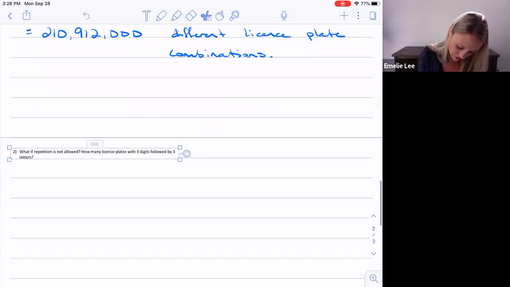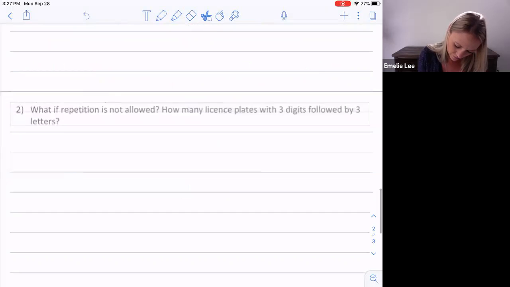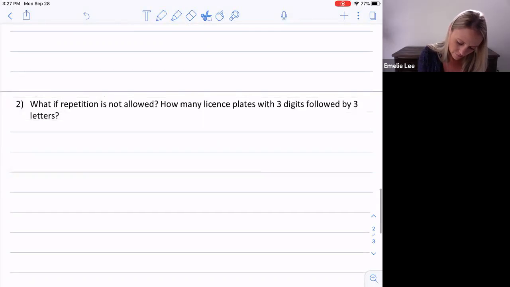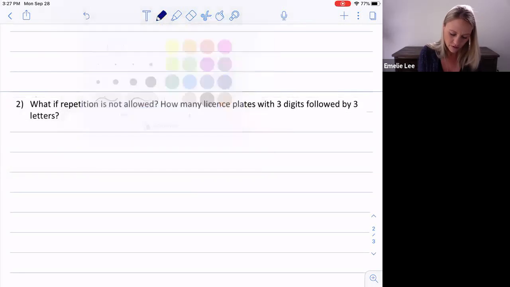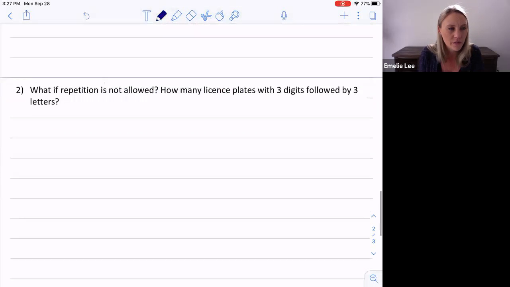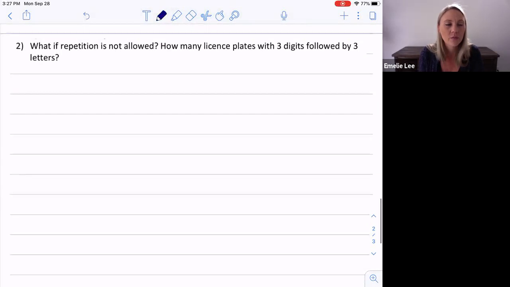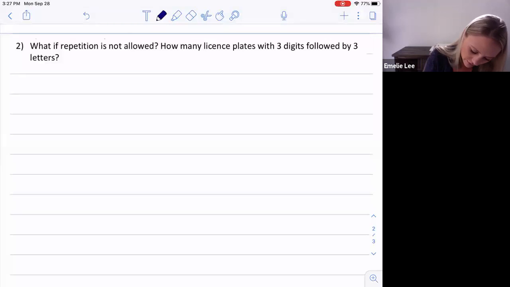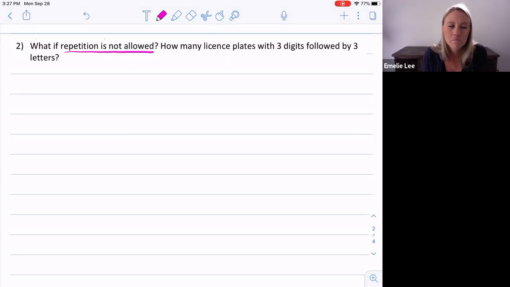Put it on a fresh page here. So here, right, now we're saying, okay, now repetition is not allowed. It's stated explicitly that we're not allowed any repetition. Okay.